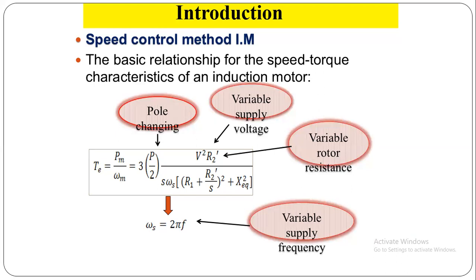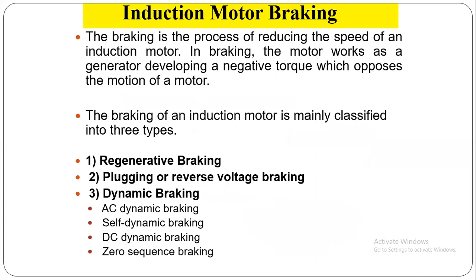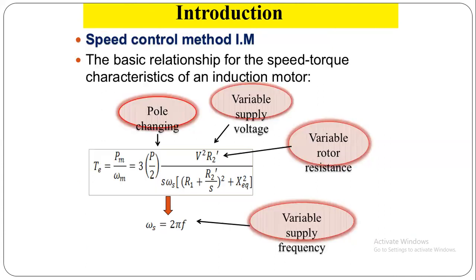But nowadays we are going to advanced methods like V by F method and vector control. In these we get constant torque. The main thing is to get constant torque; this is the main task for the induction motor drive. These are the basic concepts of the induction motor drives.